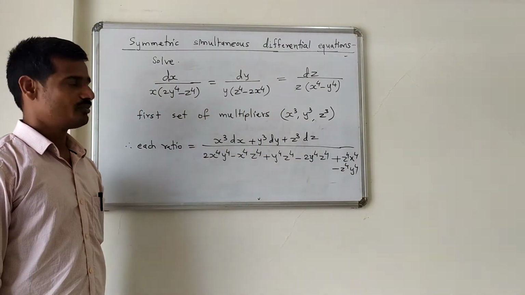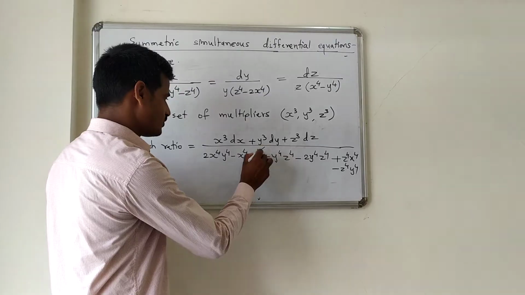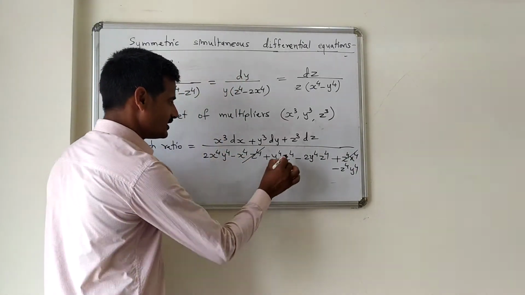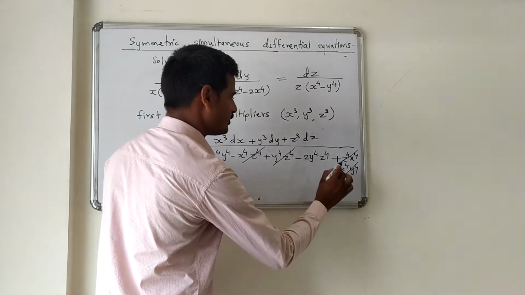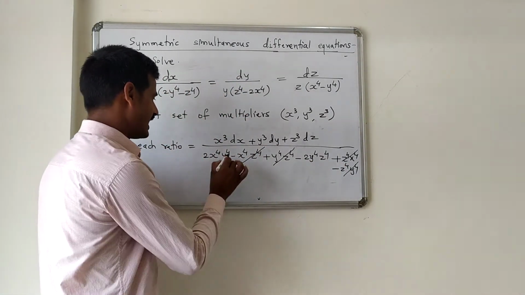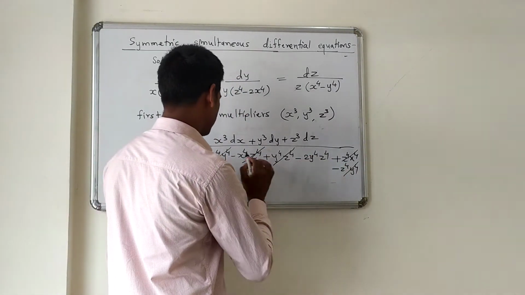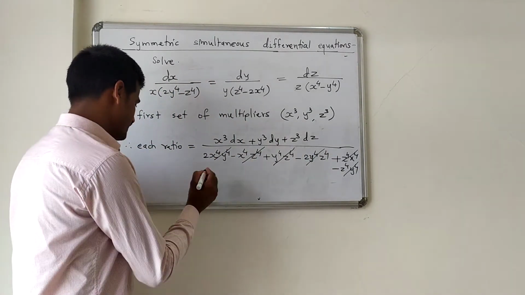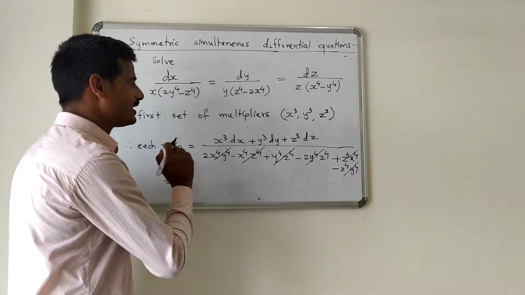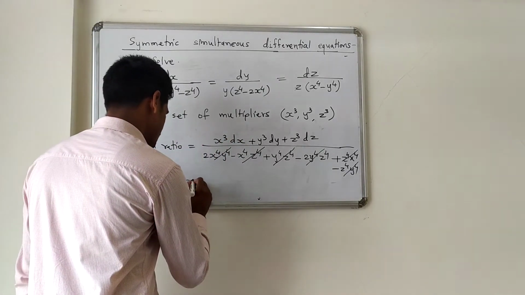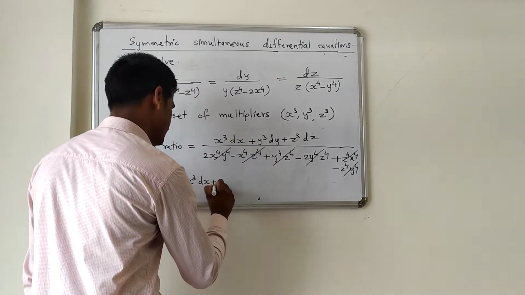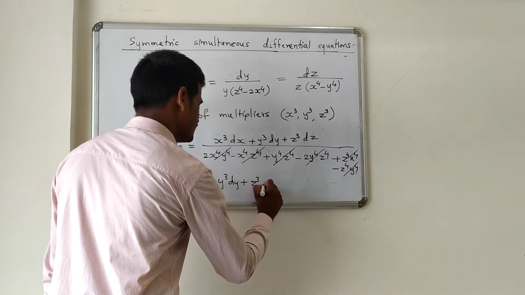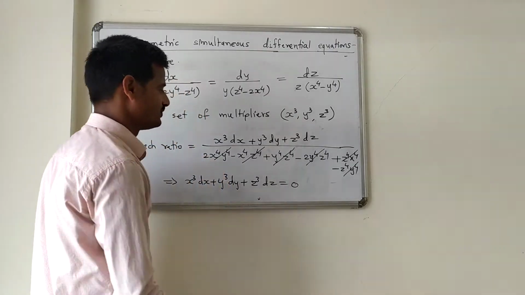Now you look at the denominator: the terms cancel in plus and minus pairs, so the denominator is 0, which implies the numerator has to be 0. So x cube dx plus y cube dy plus z cube dz is equal to 0.